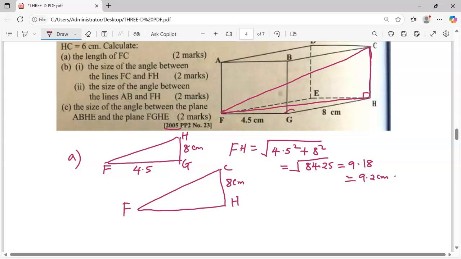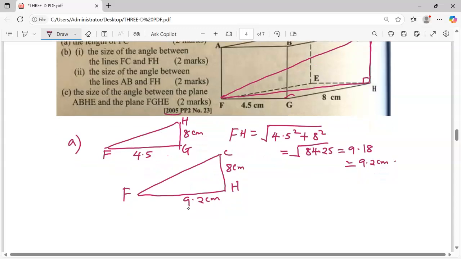We also have FH as 9.2 centimeters. That means for us to find FC, we are going to use Pythagoras theorem, where we are going to get the square root of 9.2 squared plus 8 squared.